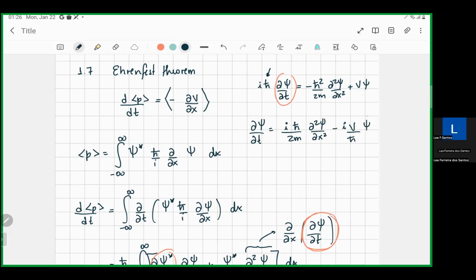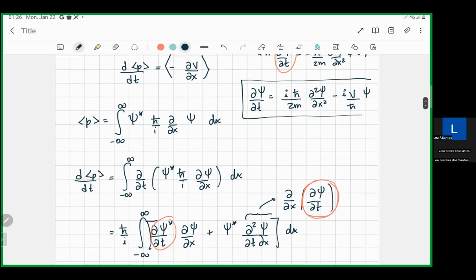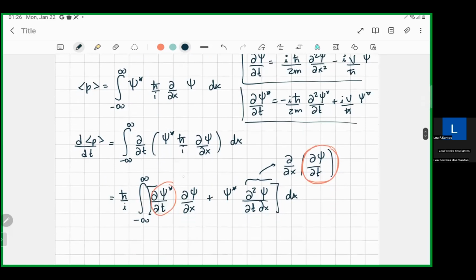Okay, so this is what I'm going to use down below, and I'm going to also use the conjugate of all that. So let's write it here because we'll need it. Now where the i is, I get a minus i. Remember to put the star everywhere. Here it becomes a plus i, and the star as well here. All right. So that's the one that we are going to need in this part.